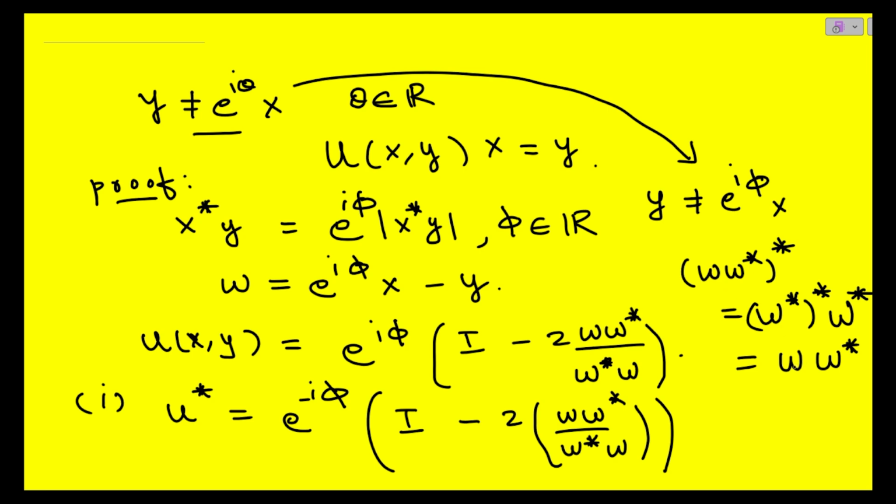The same is the case with w star w. When you take the star operation, you can check it will stay the same. Because of this, this quantity remains the same.